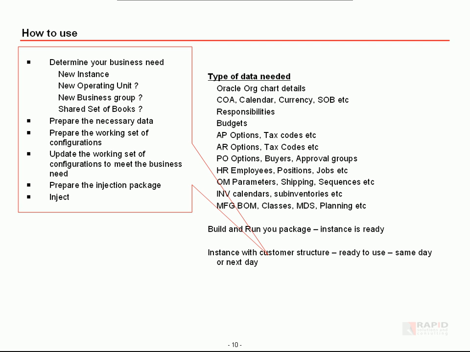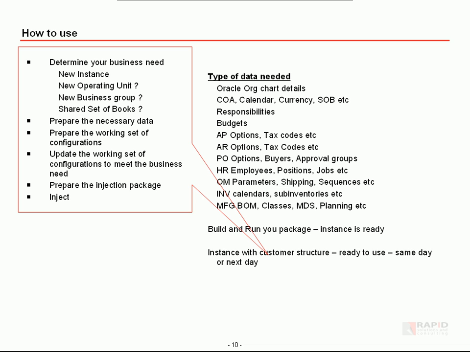Once you've got that information, then you need to prepare a working set of configurations, and the tool will help you do that. Then we need to update that working set with the data that you need to meet your business requirements. So if you're going to set up a new operating unit, then the operating unit is going to have a name.